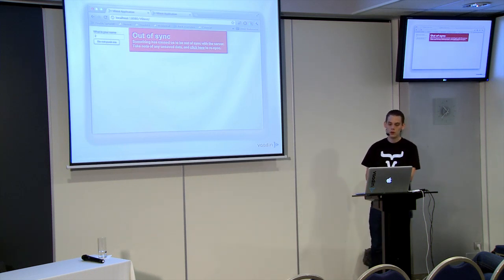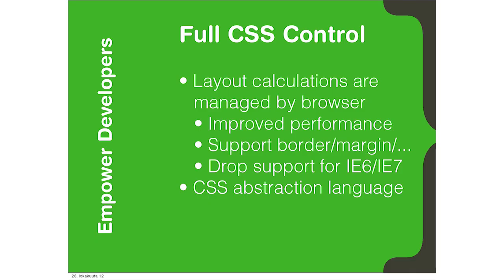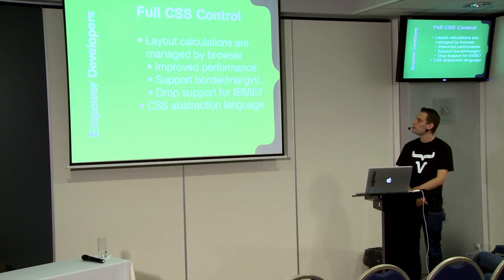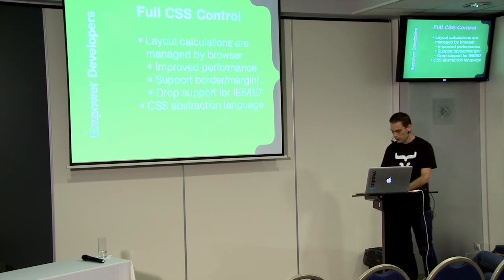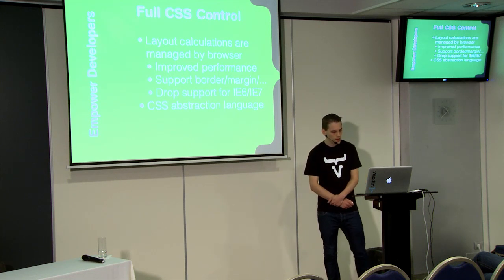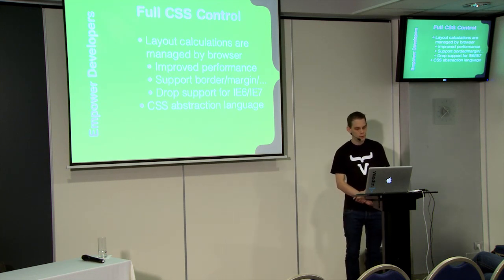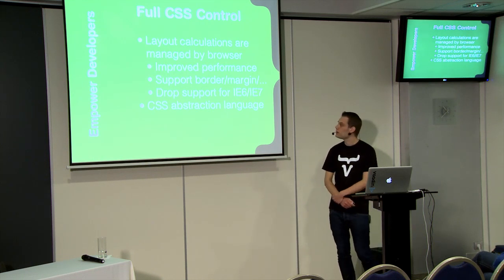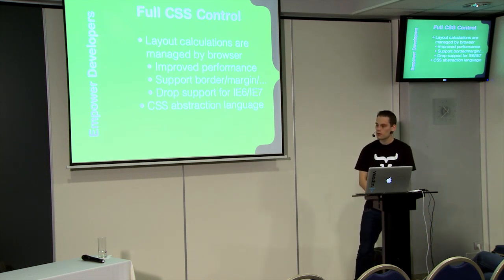So also one problem in Vaadin 6 was the layout performance. If we have a lot of nested layouts, the reason for this is that in Vaadin 6 all the size calculations were done with pixel values, so the framework was not trusting the layouting done by the browser.